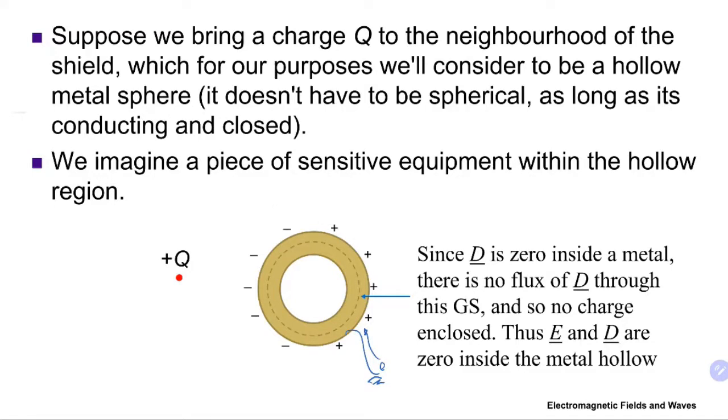I end up with the whole sphere becoming negatively charged. But even then, what is inside is still zero. Okay, so because this is a conductor, anything inside here, there's still no charge inside. Whether I earth it or not, inside here, Q is always equal to zero. Okay, and therefore there's no electric field or electric flux density inside that region.